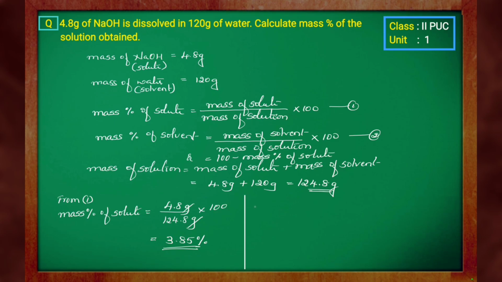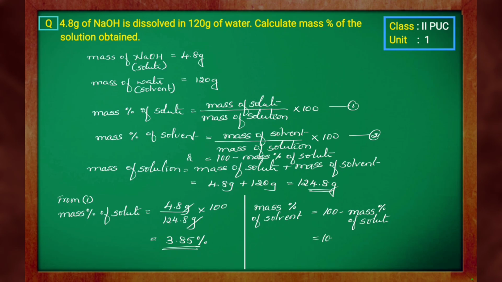So writing that, mass percentage of solvent is equal to 100 minus mass percentage of solute.